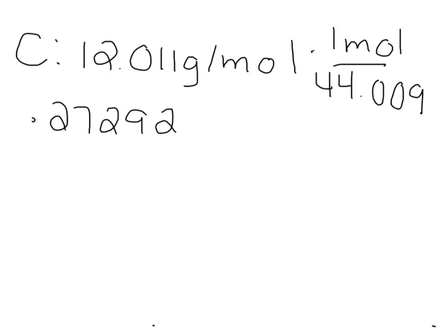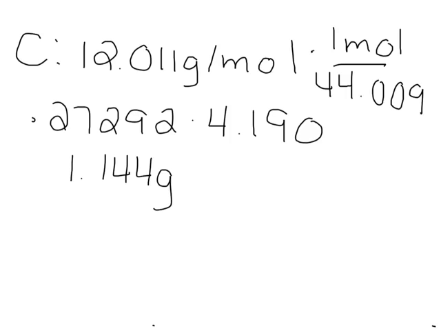So now you need to find 0.27292 of 4.190, which is the grams of the carbon dioxide product after the combustion, and that gives you 1.144 grams of carbon in the carbon dioxide provided. Now we know with the law of conservation of mass that this amount of carbon does not change from the fuel to the carbon dioxide.